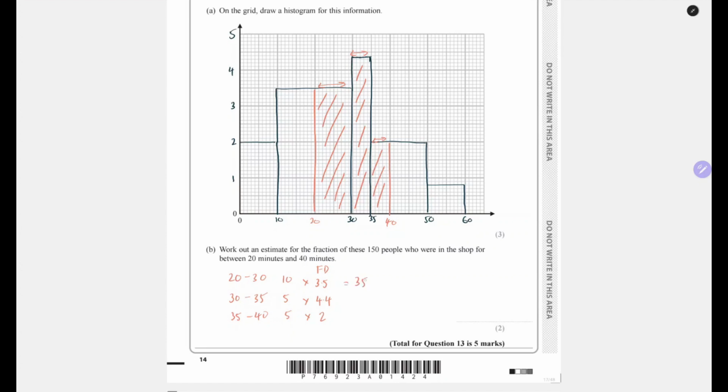That's 35, that's 22, and 5 times 2 is 10. If we add these together, this tells us the total number of people that were in the shop between minutes 20 and 40, and that is 67. They've asked us for a fraction. We know that the total number of people is 150, and so our fraction is 67 over 150.